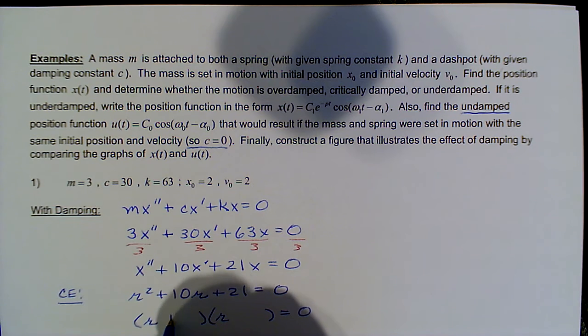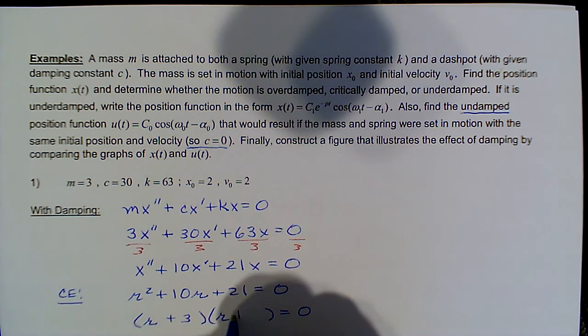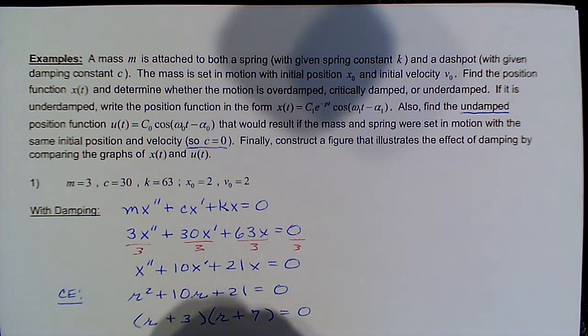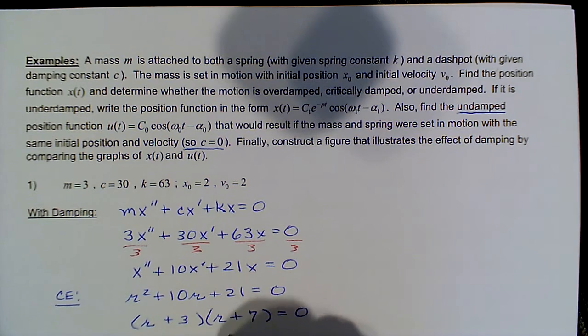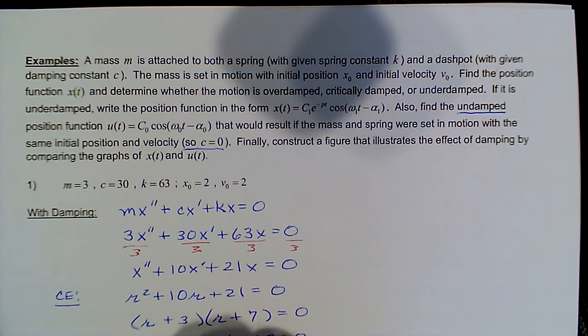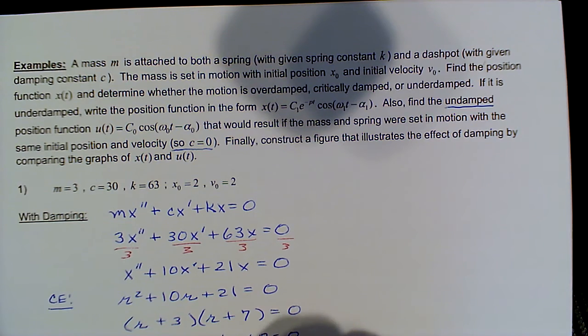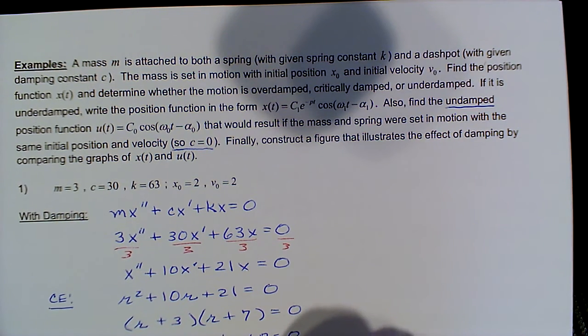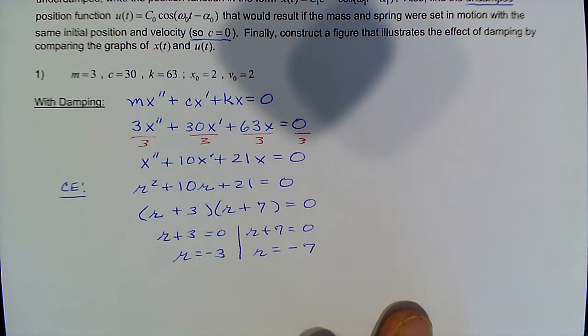And if we factor that, that actually does factor, it's r plus 3 and r plus 7. So we set each factor to 0, r plus 3 is 0, and r plus 7 is 0. So we get two real distinct roots. r is negative 3, and r is negative 7.